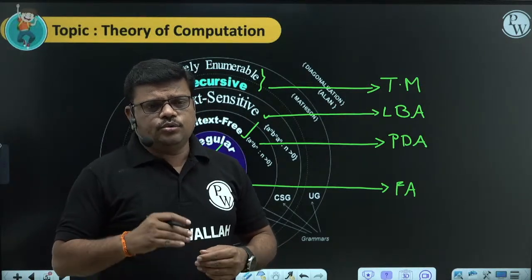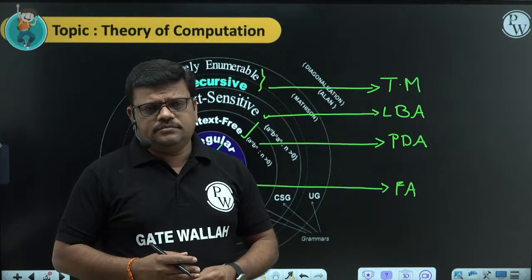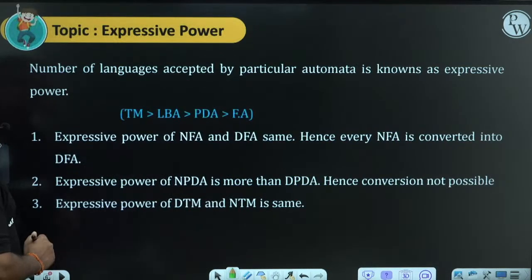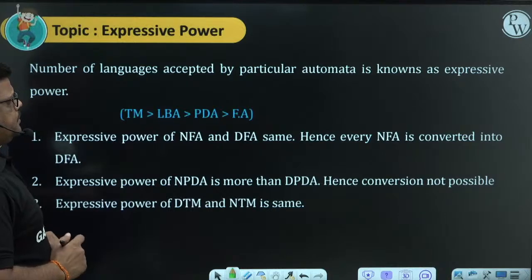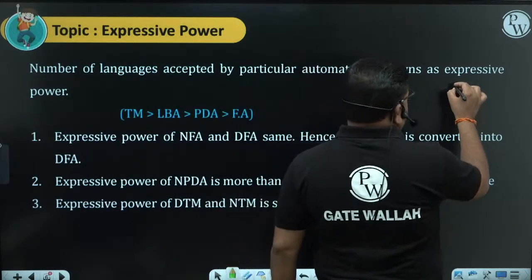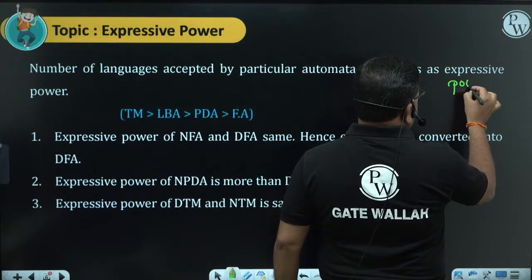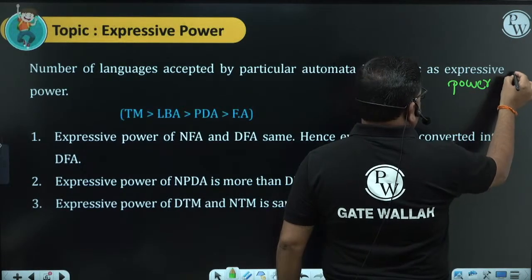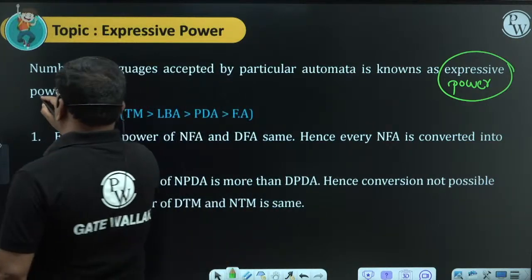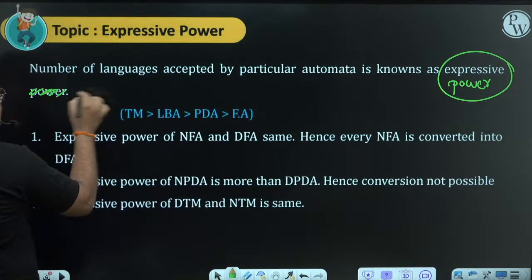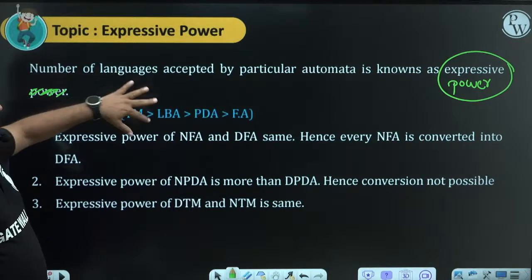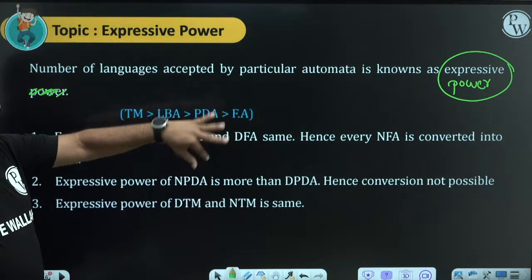So in order to compare the relation between automata, we need to use a term called expressive power. The number of languages accepted by a particular automaton is known as expressive power.